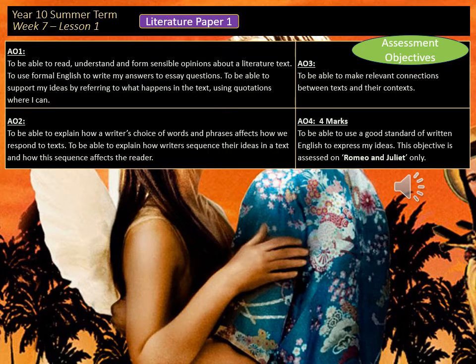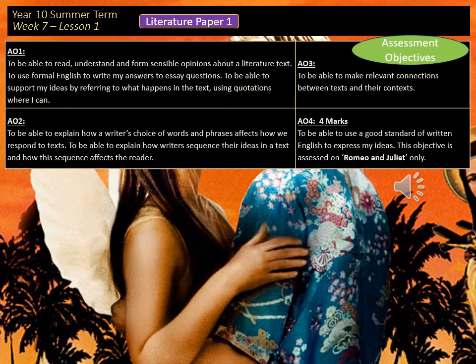Okay, this is what they want you to demonstrate. Assessment objective 1, to be able to read, understand and form sensible opinions about a literature text, to use formal English to write my answers to essay questions, to be able to support my ideas by referring to what happens in the text using quotations where I can.